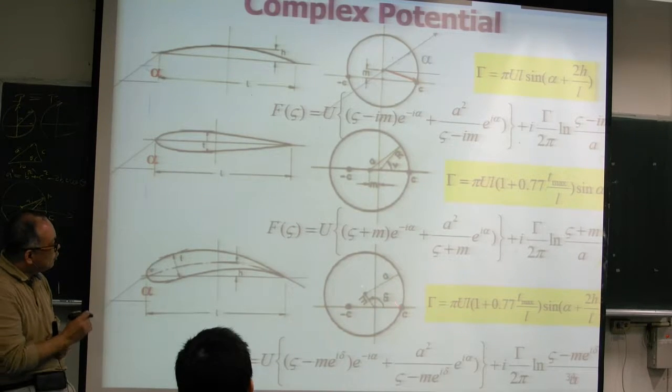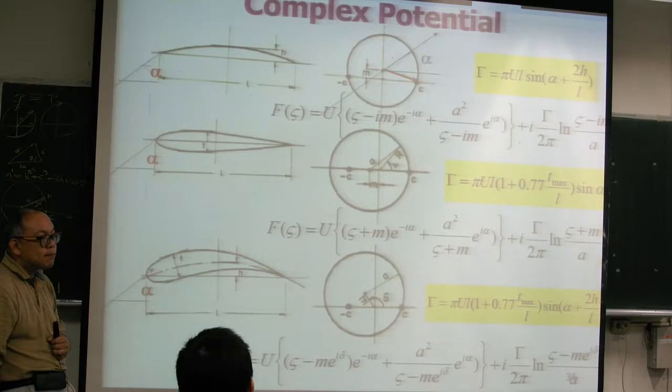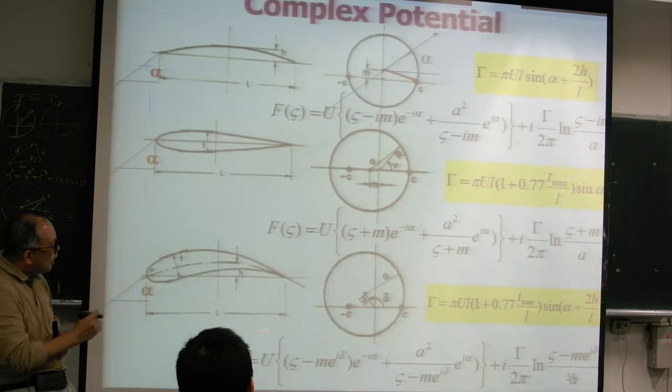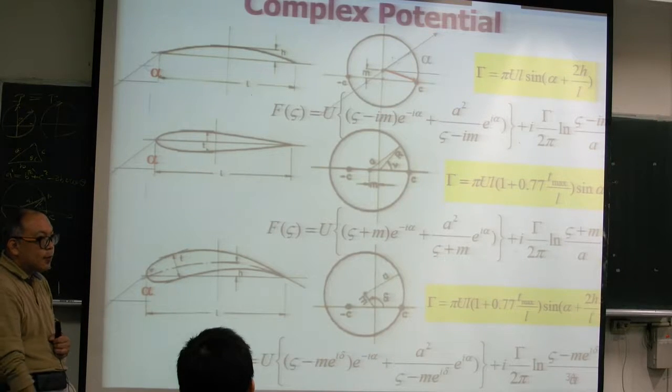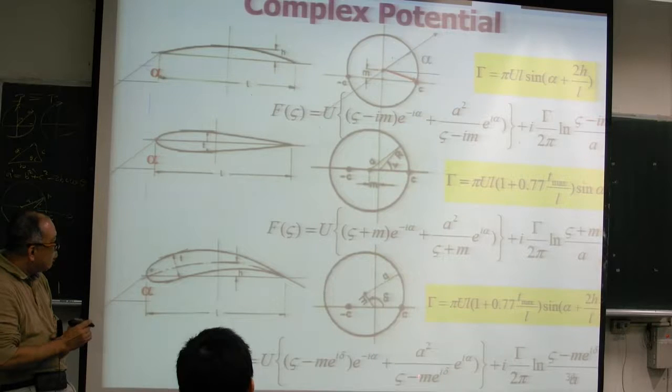So the location for this origin changes to zeta minus m e to the i delta. So that's the complete potential for this flow field. So the location is different, right? How about the gamma?